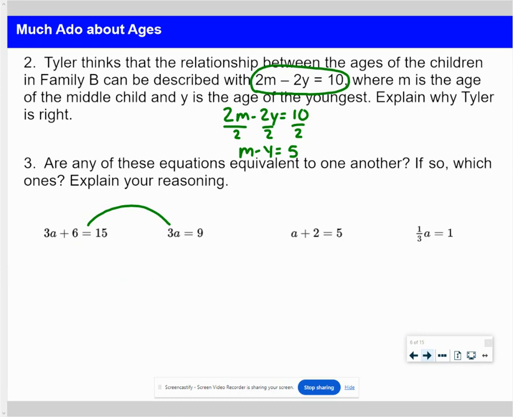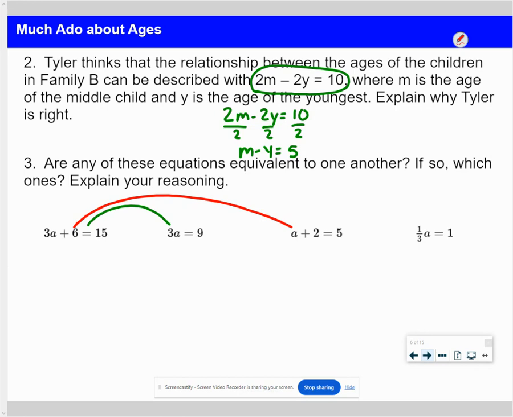Let's see how the next one goes. That a plus 2 equals 5, if I took the original equation, so I'm comparing it to this one right now, can you see how those two equations are related? What steps did they take to get from my original equation to that a plus 2 equals 5?